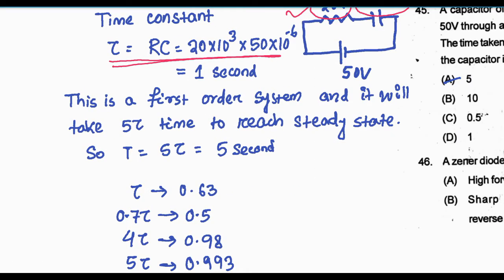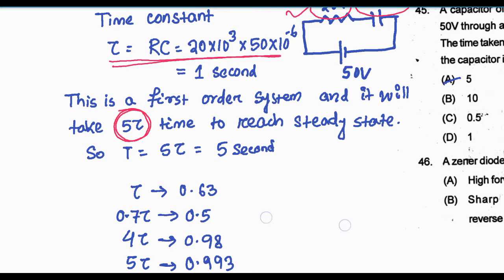From control systems we know that for a first order system, generally 5 times the time constant is taken to reach the final value at 99.3% of the final value.